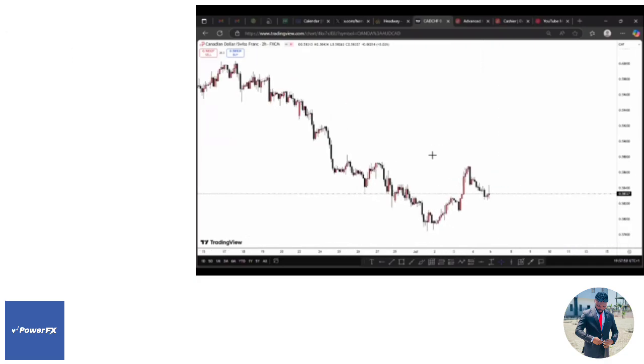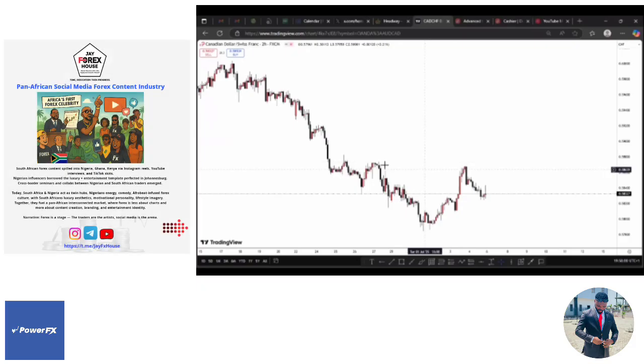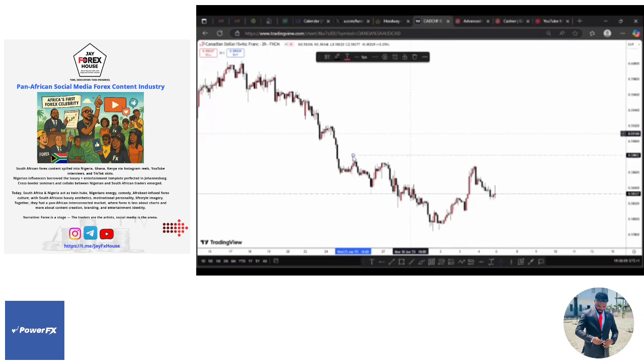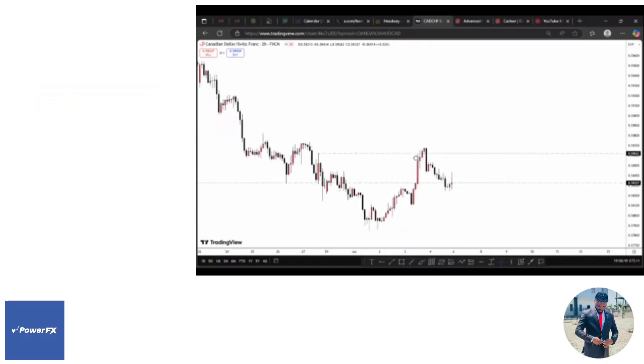You see those candlestick wick projections, something like this particular thing you're seeing here. Let me make it a little bolder.